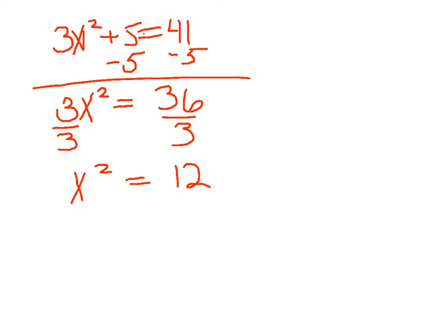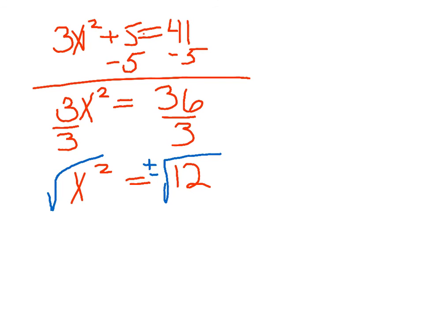Now, here's a trick, or not a trick, but something that you just have to know. I'm going to change colors so you can really see this well. If I draw a square root sign to solve this, there's something special I have to remember to do. And that's to put a plus minus in front of the square root.